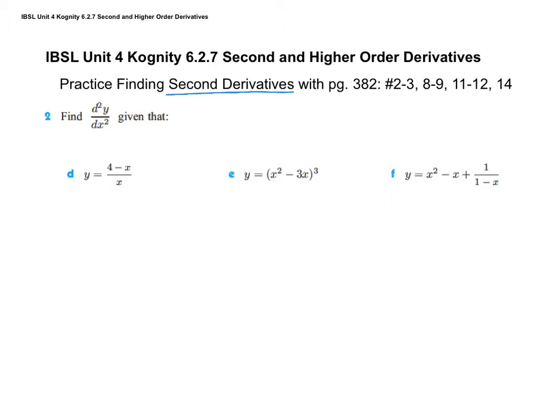But for right now, let's look at this, and I want you to see where the notation comes from. You see this notation specifically, d squared y over dx squared. Where does that come from? That's because the derivative is dy dx, the derivative of y with respect to x.